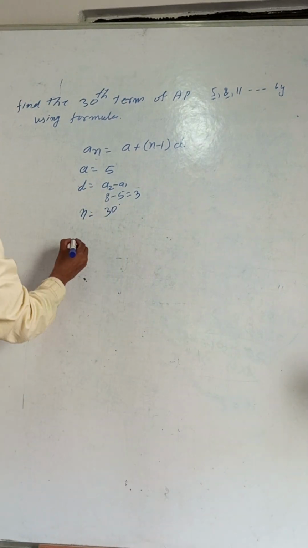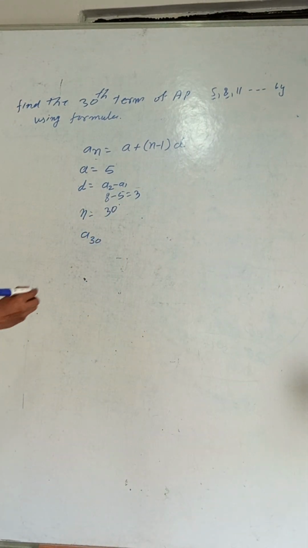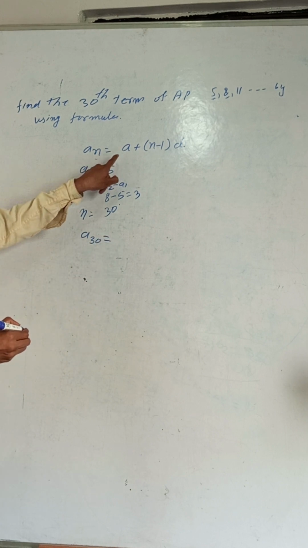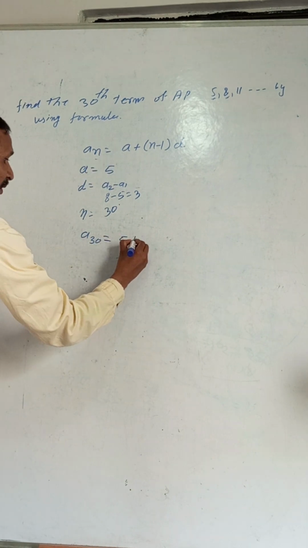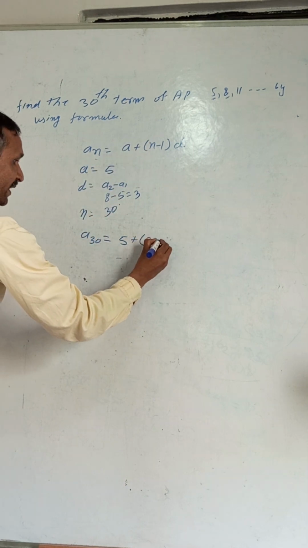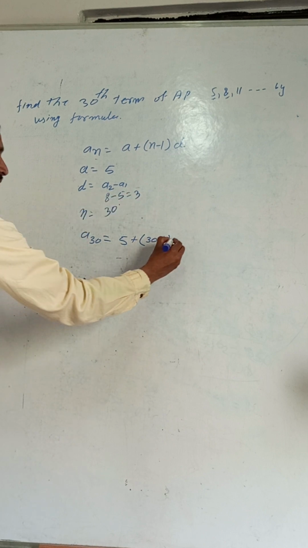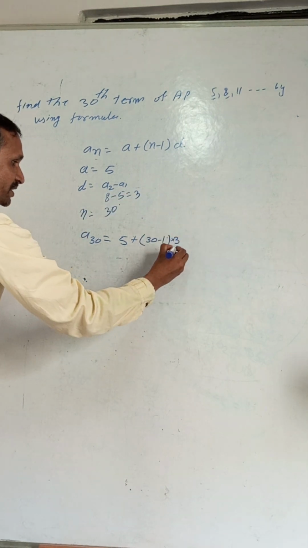We write a30, where n is 30, is equal to a plus n minus 1 into d. The value of a is 5, n is 30, and d is 3.